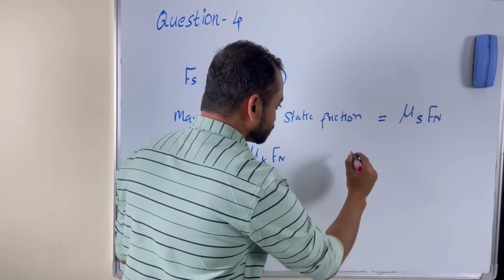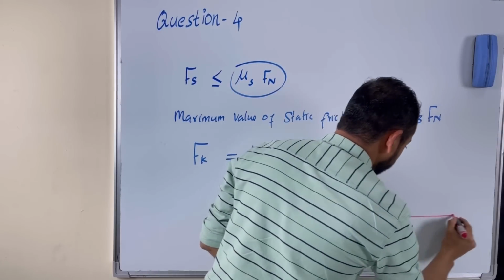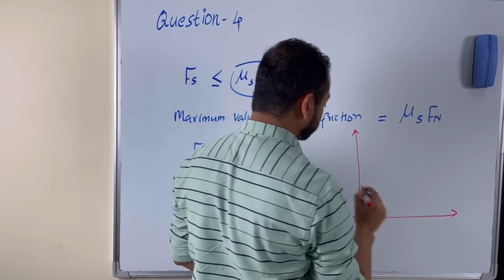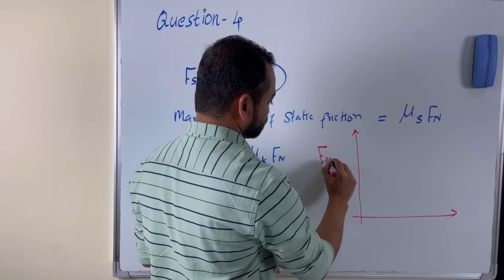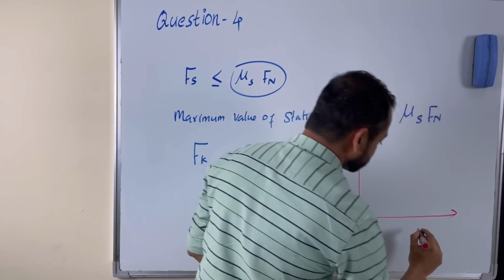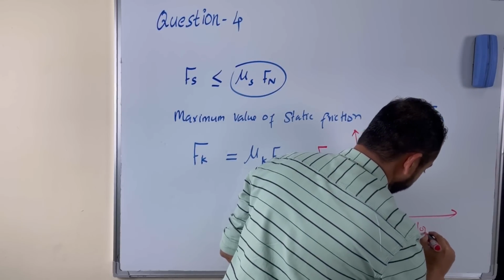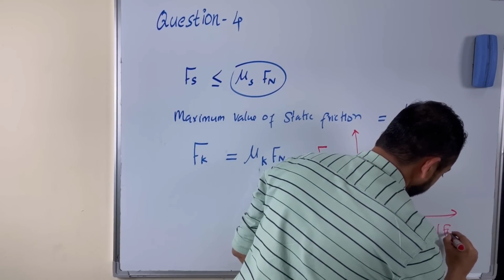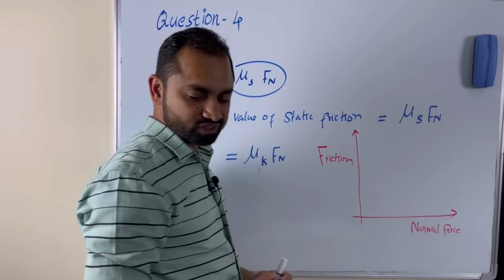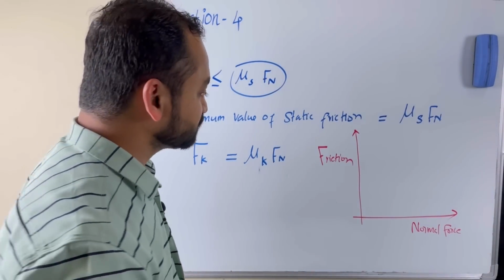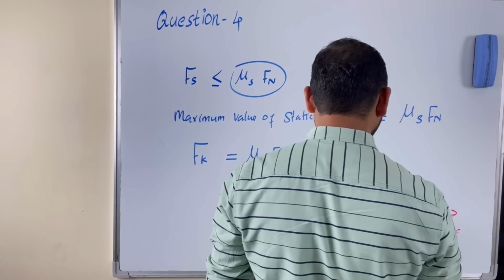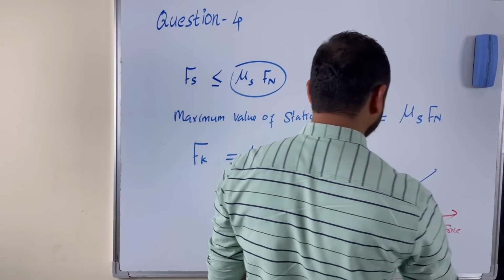So if we plot a graph of friction against normal force, that graph will be a straight line passing through the origin. Why is the graph a straight line?